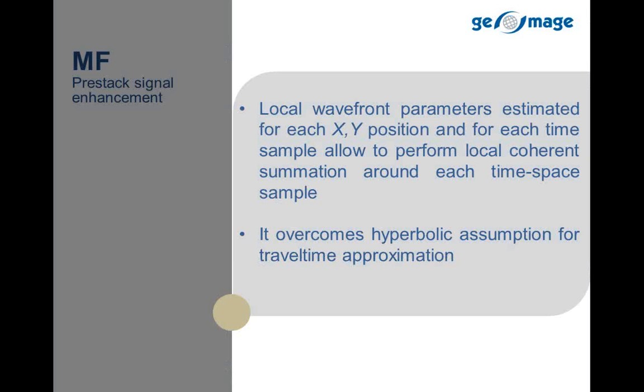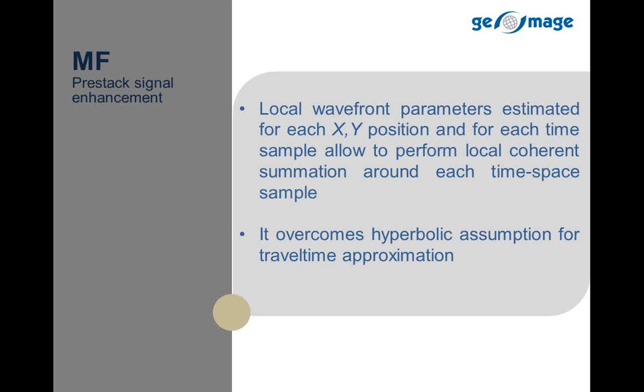Instead of estimating the global parameters, instead of approximating the wavefront in a global way for all the offsets, we can estimate these wavefront parameters locally around each position, for each time sample and for each offset.